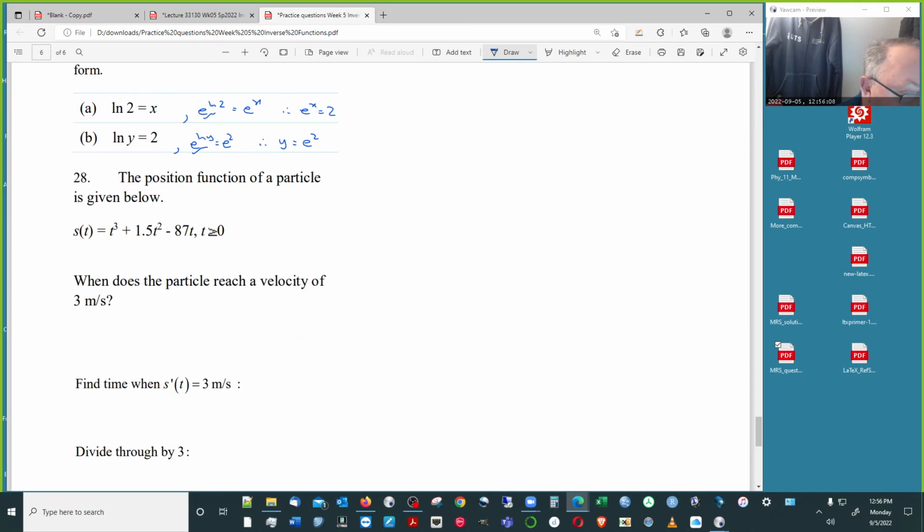Alright, next one. The position of the particle. So this is just like curve sketching of a particle's given below. So position. So velocity. To get a velocity, we'll need to differentiate. Okay.